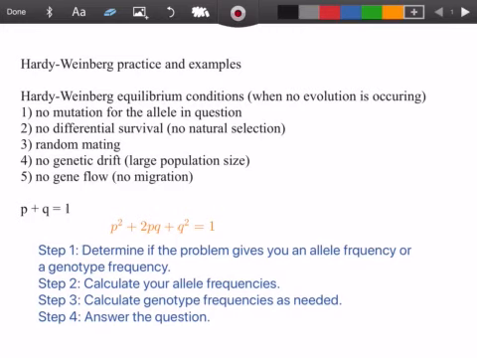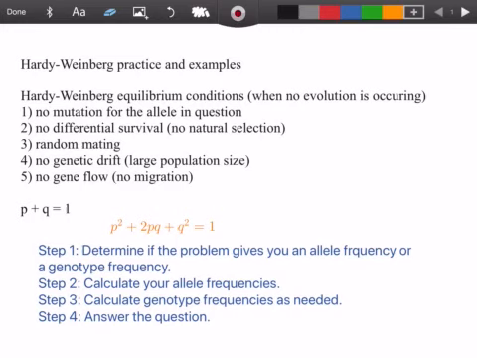So what this means is that the population is sufficiently large that those chance events are not affecting allele frequencies. So genetic drift can be violated very easily in a small population because chance events are going to affect that small population potentially much more than a larger one. And finally, we have no gene flow. This means that there's no alleles coming in or going out of the population.